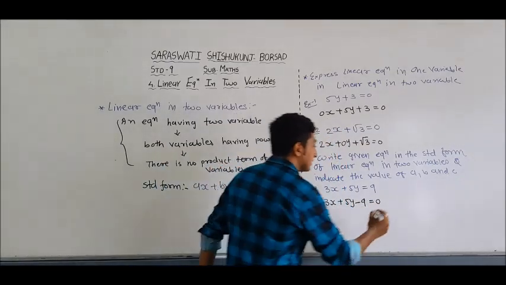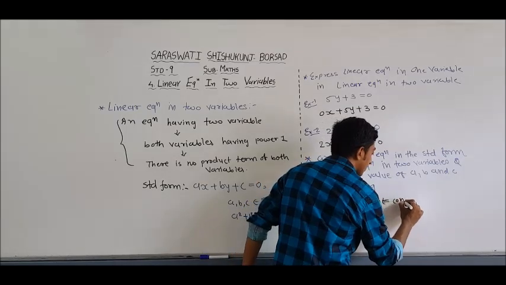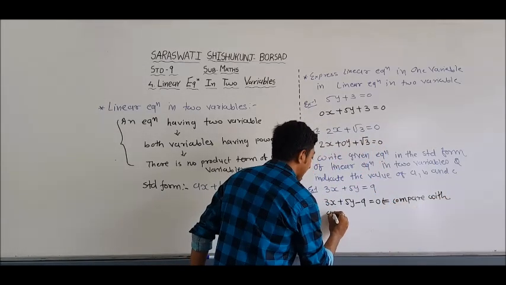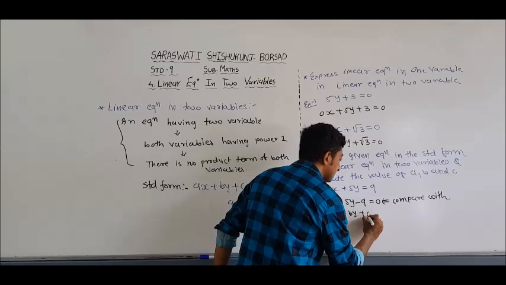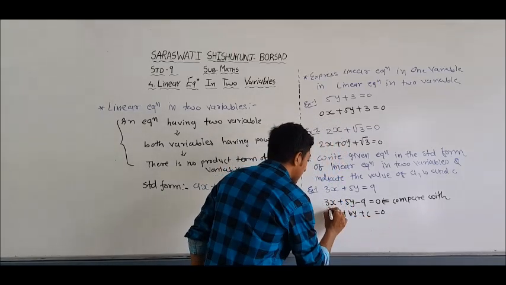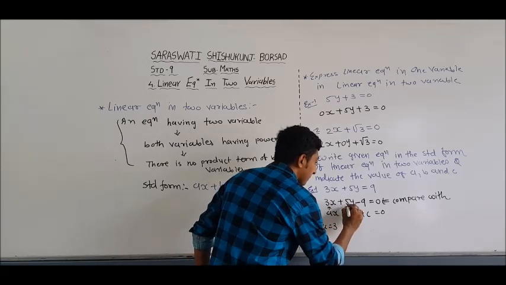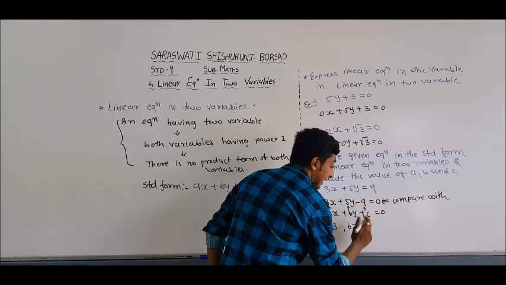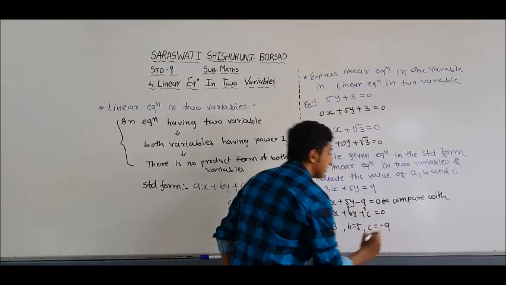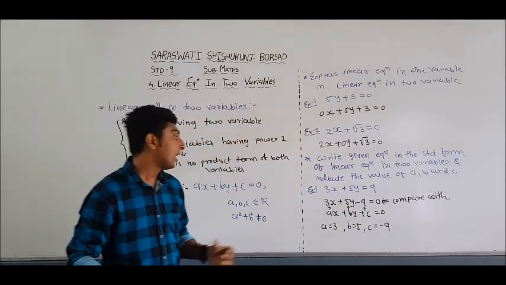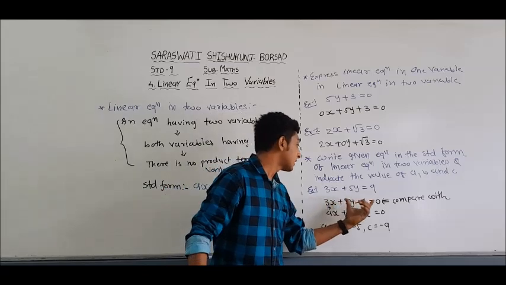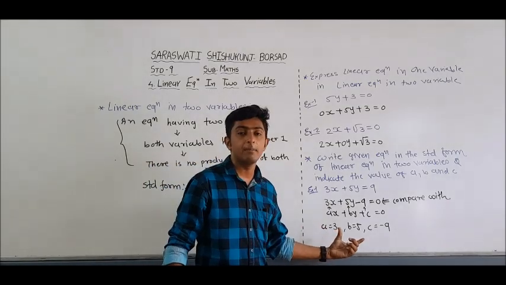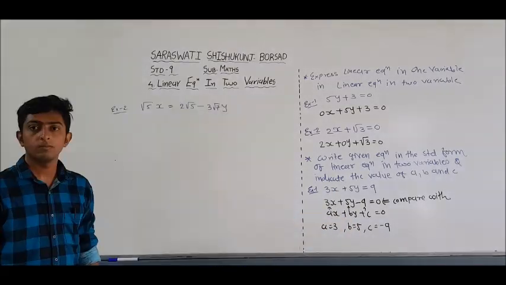Now compare this equation with ax plus by plus c equal to 0. You will get a equal to 3, b equal to 5, and c equal to minus 9. That is the way to convert a given linear equation in two variables into standard form and indicate the values of a, b and c.